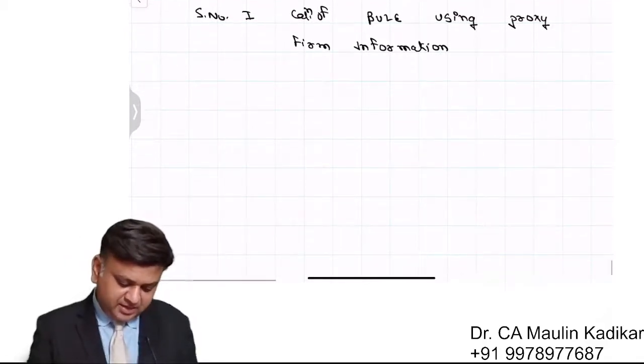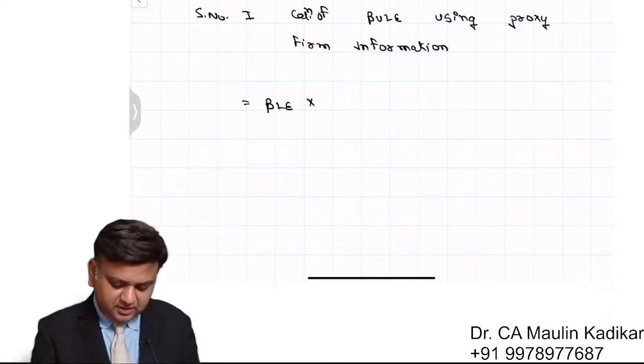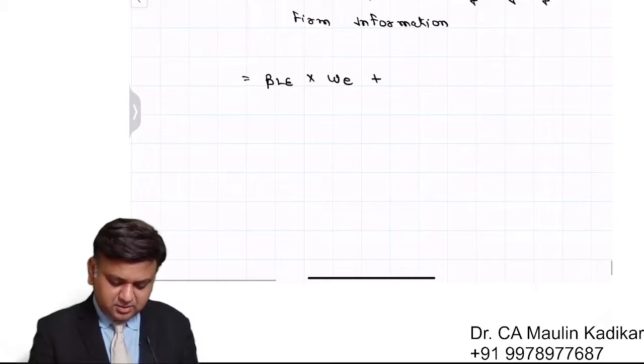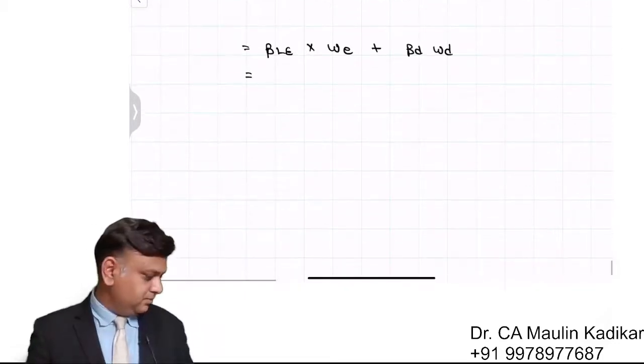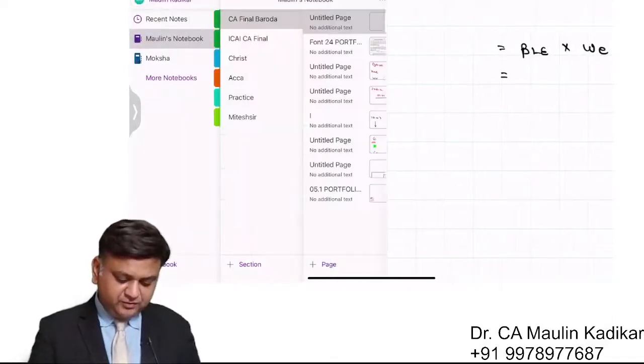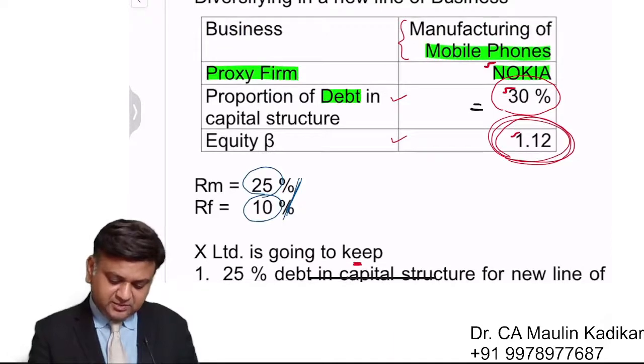So it will be calculated as beta of levered equity into weight of equity plus beta of debt into weight of debt. जैसे कि हमको इन्फॉर्मेशन दे रखा है नोकिया कंपनी के बारे में, उनका डेट फाइनेंसिंग है 30%, तो इक्विटी 70% हो गया.